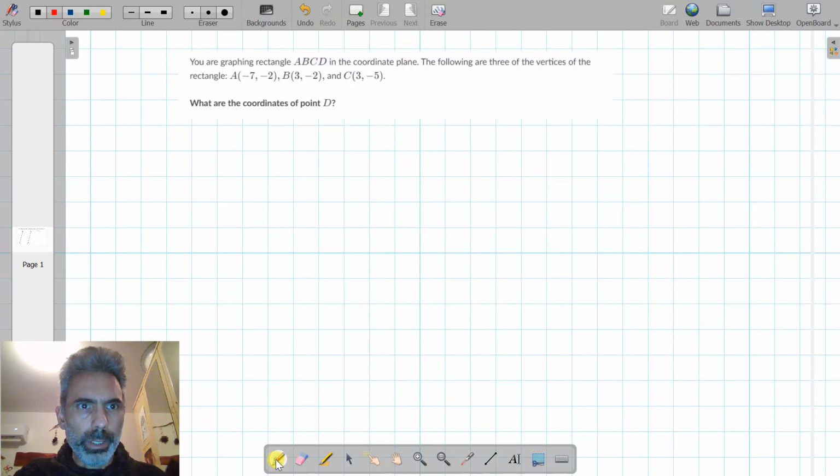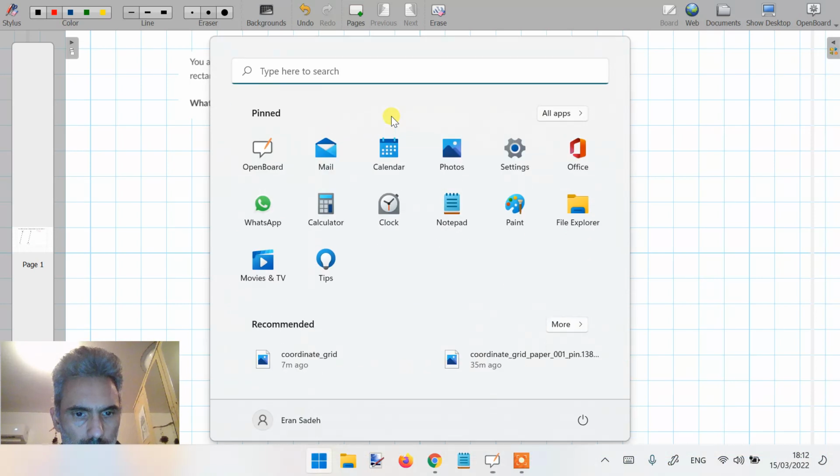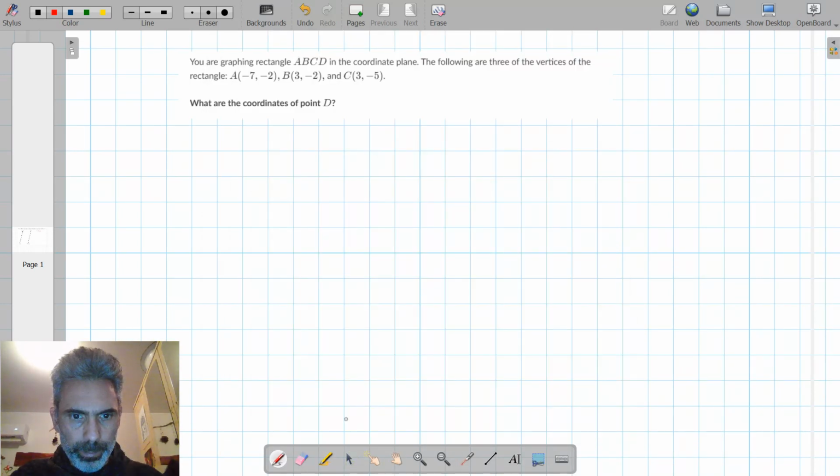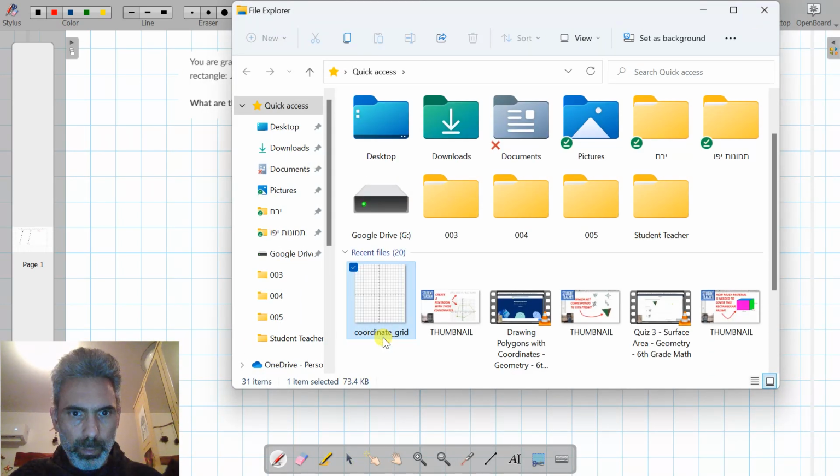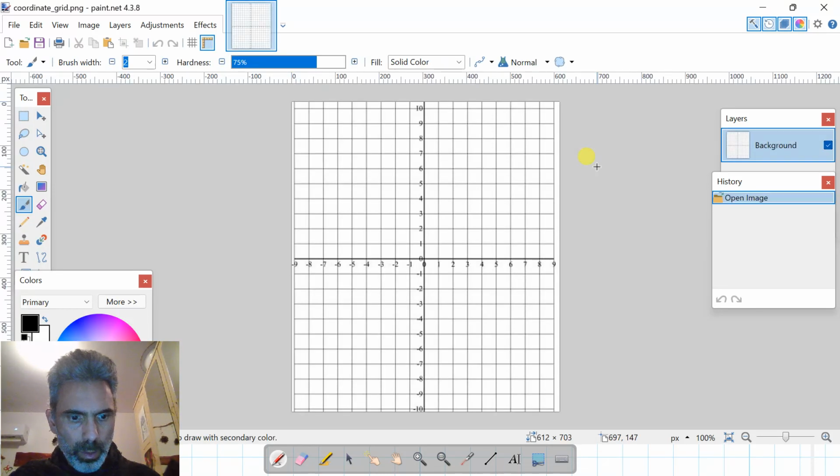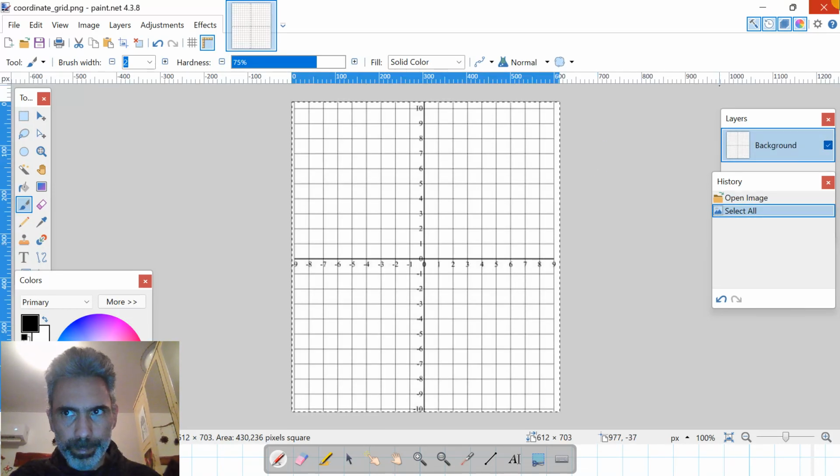Okay, next question is, you are graphing rectangle ABCD in the coordinate plane. The following are three of the vertices of the rectangle. Okay, so let me draw this on the coordinate plane.